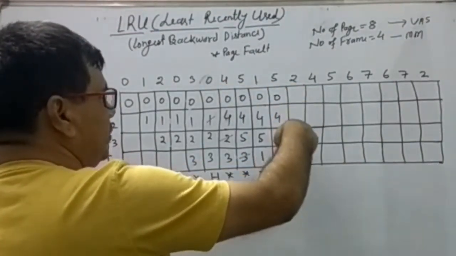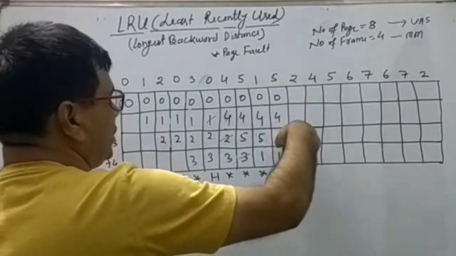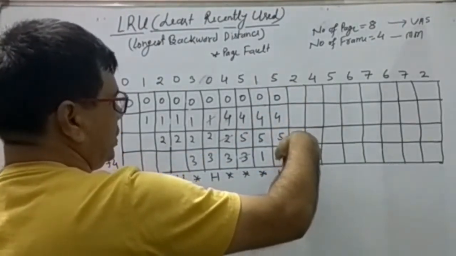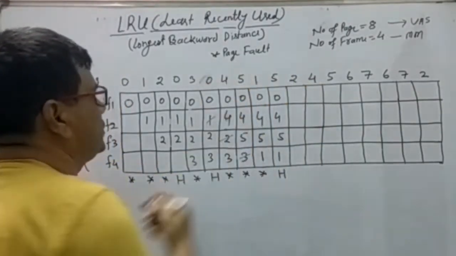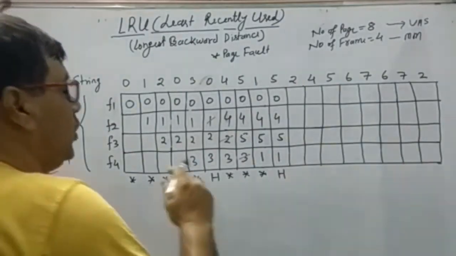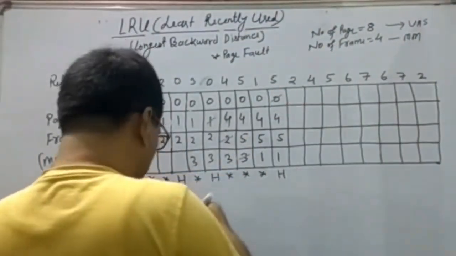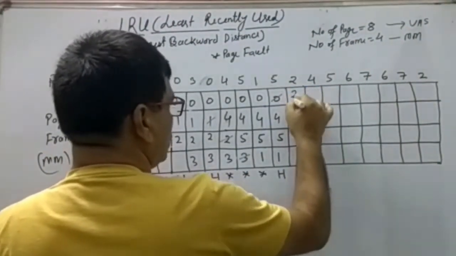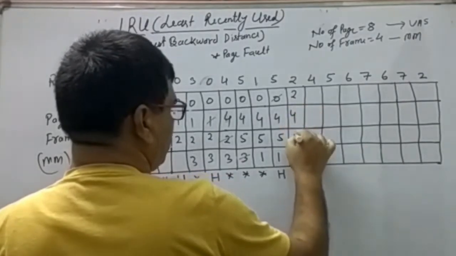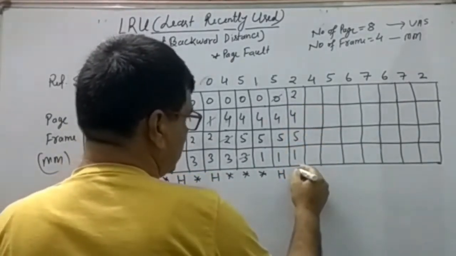Then 5 is very near, 1 is also very near, and 4 is here, and 0 has the longest distance. Then this page number 0 will be replaced by 2. 2, 4, 5, 1. And this is what?